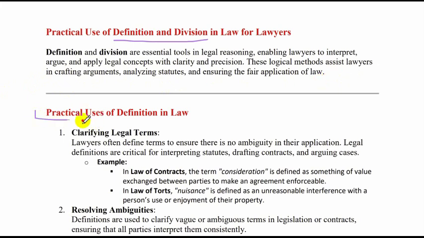Practical uses of definition in law. In the earlier video, we learnt about definition, although some concepts were not clear to me. In this video, it will become clearer. Clarifying legal terms in definition: lawyers often define terms to ensure there is no ambiguity in their application. Legal definitions are critical for interpreting statutes, drafting contracts, and arguing cases.